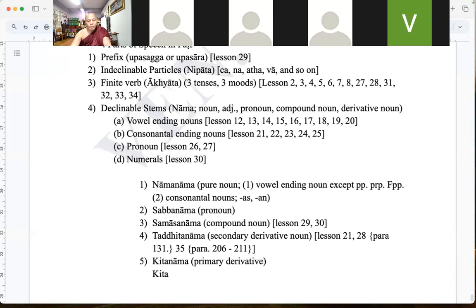So not the same as just now. The first one is indeclinable derivative.